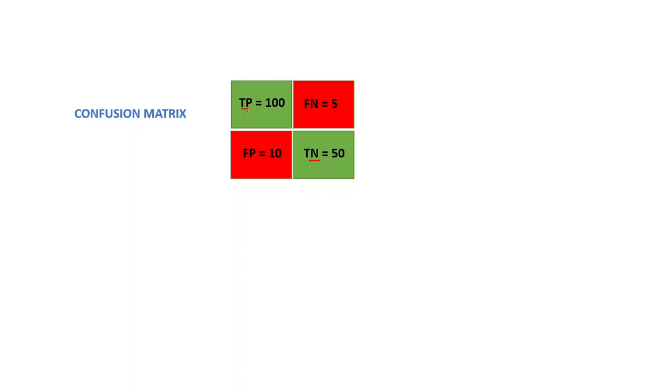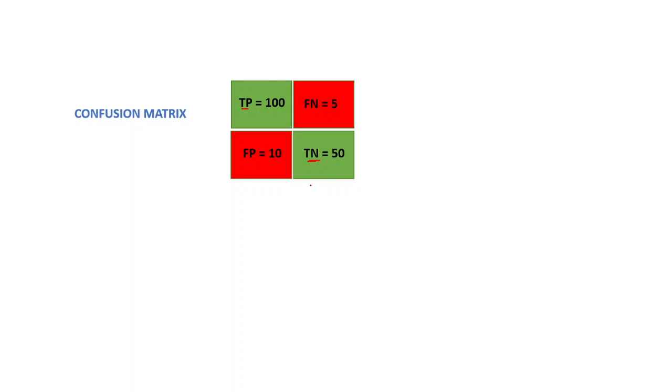In case of true negative, the actual label was negative and your classifier also said yes, it's a negative example, and therefore it's a true negative. But the problem arises with false positive and false negative. Your false positive might be here and your false negative might come here, anything like that. So first you need to know what a false positive and a false negative imply. Once you understand this, you will never be confused about a confusion matrix again.